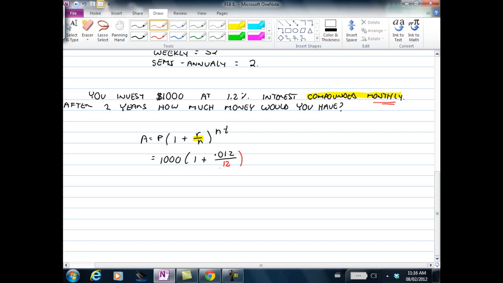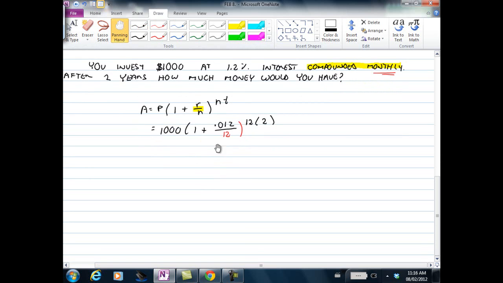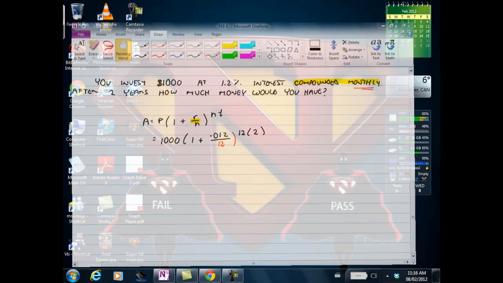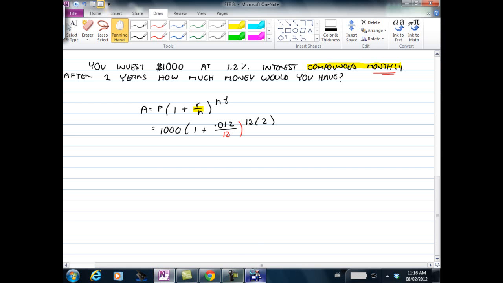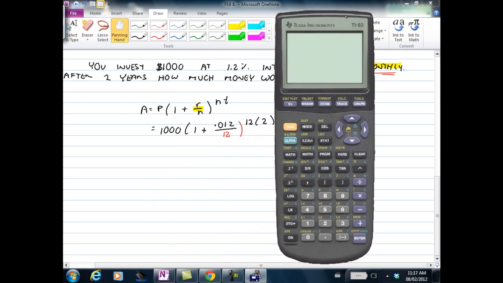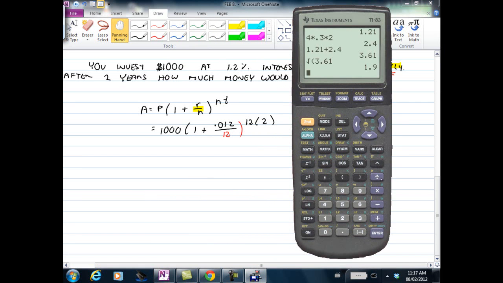To the power of 12 times 2. Guys, gals, let's punch this in the calculator slowly. Work with the inside bracket first. So grab your calculator right now. I'm going to work with you slowly. So here's my calculator. I'm going to work with the inside bracket first.